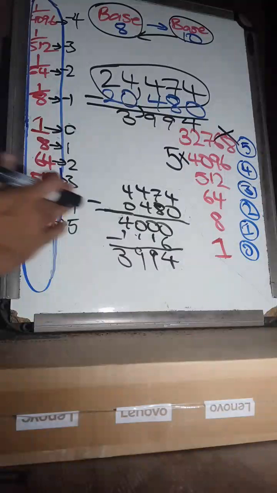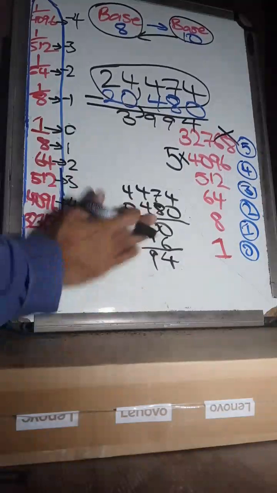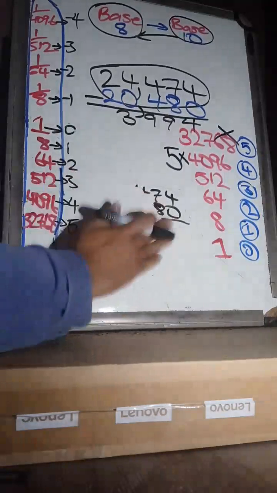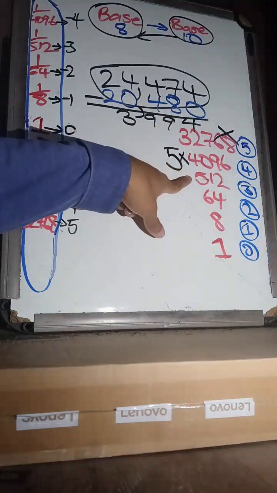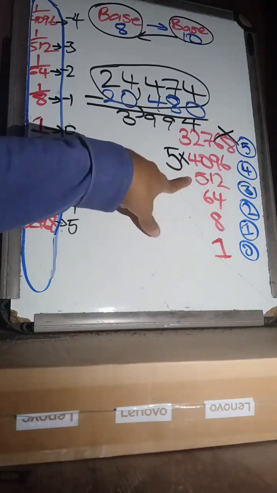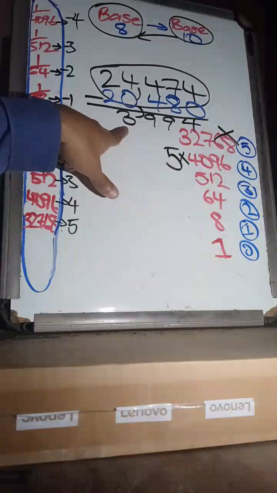That's very much likely what would happen. Right? So now we have 3,994. Now we have to work with 512 and see how much of that can fit into that. Right? So let us see. 3,994.